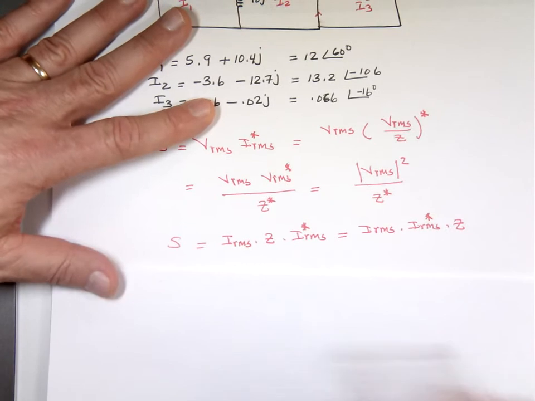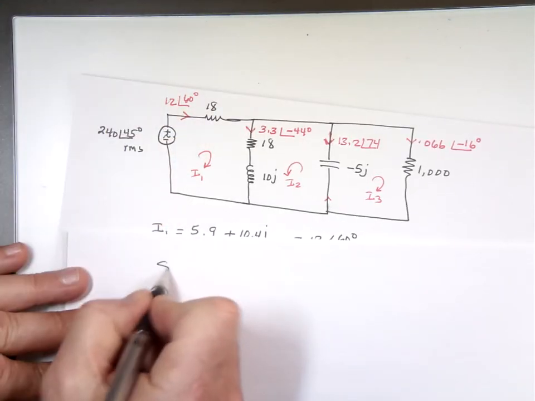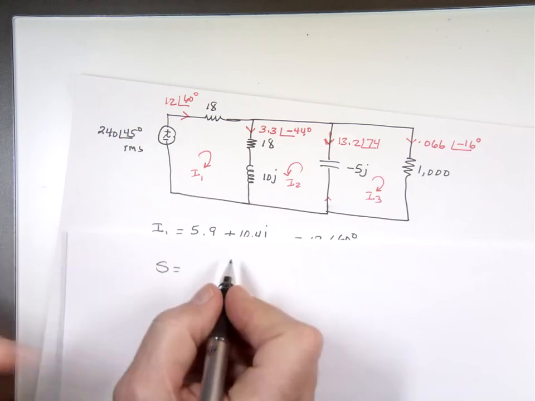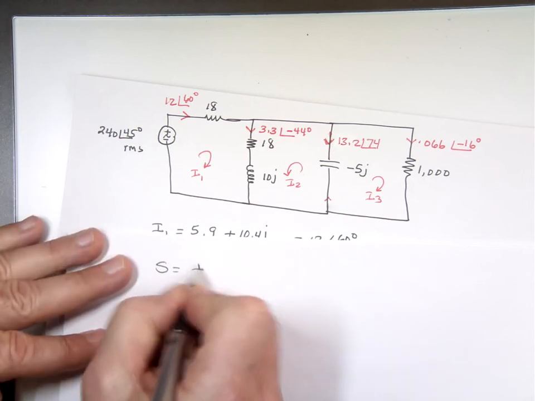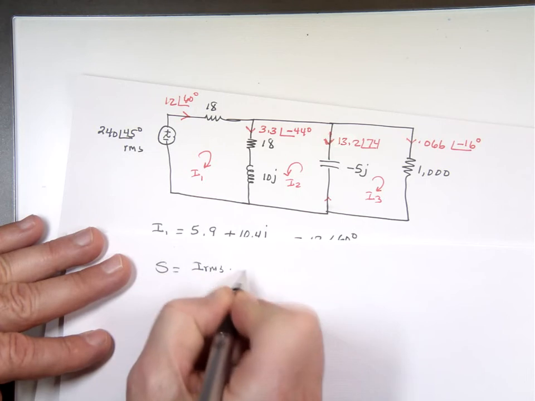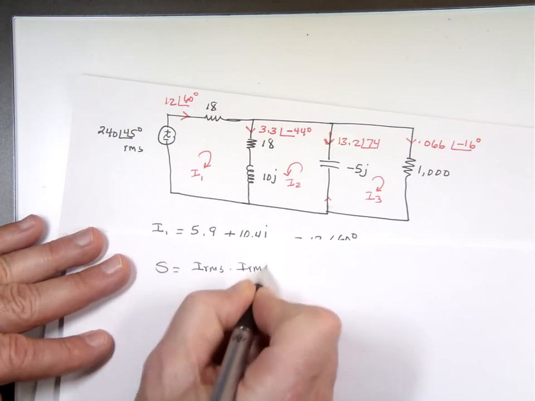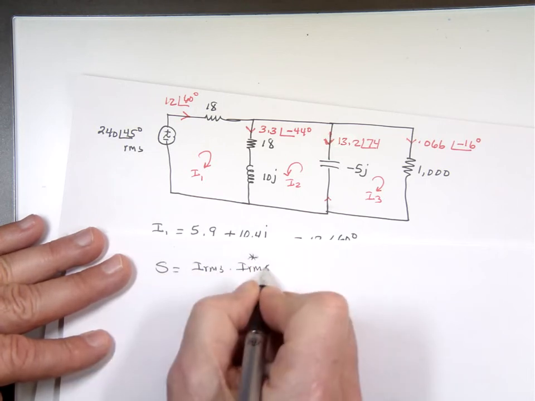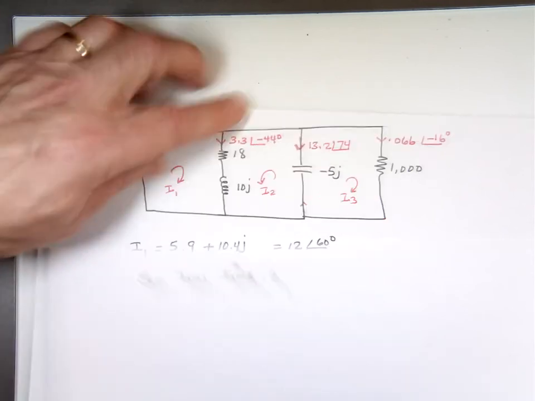Let me start from the right side. So complex power, S, I'm looking for the complex, not just the magnitude of that. It's I RMS times I RMS conjugate times Z, right? That's the equation just derived.